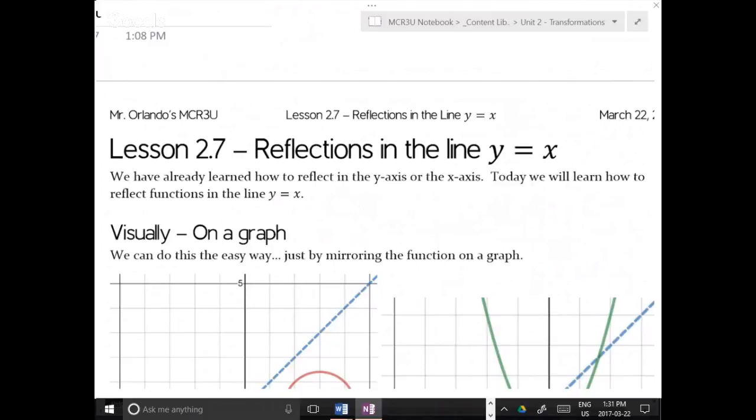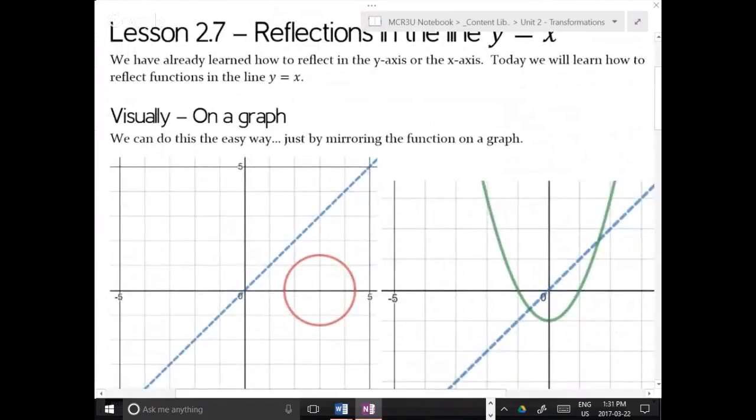We're going to reflect it in the line y equals x. So it will then flip like this.